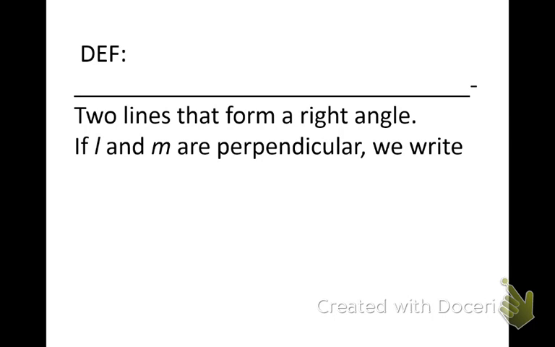Picking up where we left off in 2.1, we have this definition: two lines that form a right angle. The word that goes there is perpendicular lines.